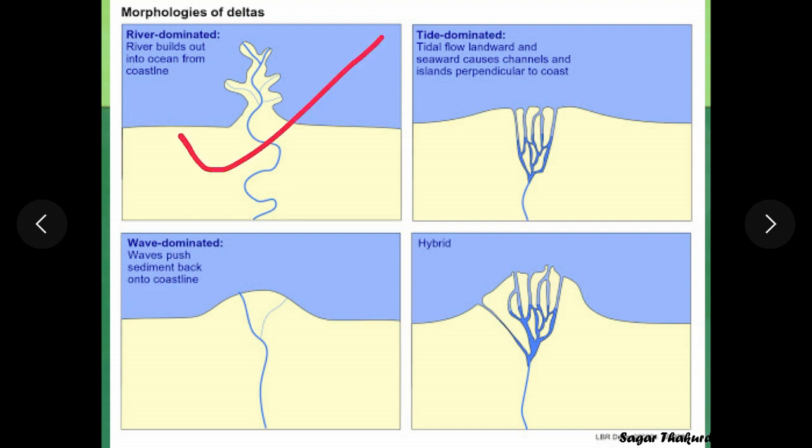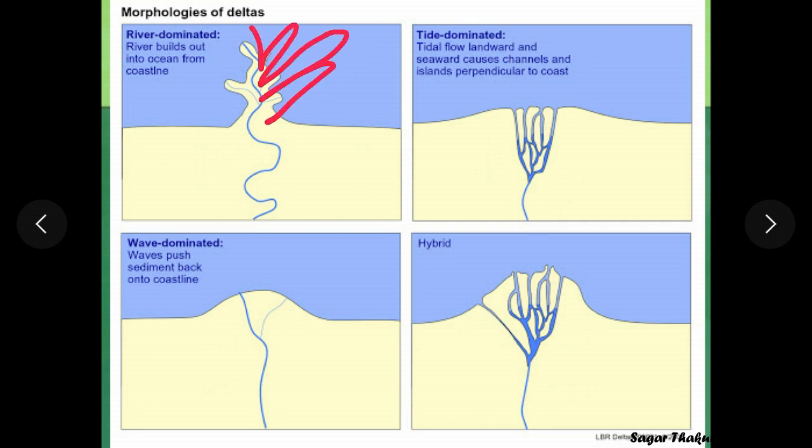The first one here is the bird foot delta. The example that we have seen previously is Mississippi Delta, where the river is dominant and you can see a bird foot. This is the tide dominated delta, where the sand bodies are digitate and perpendicular to the coastline.